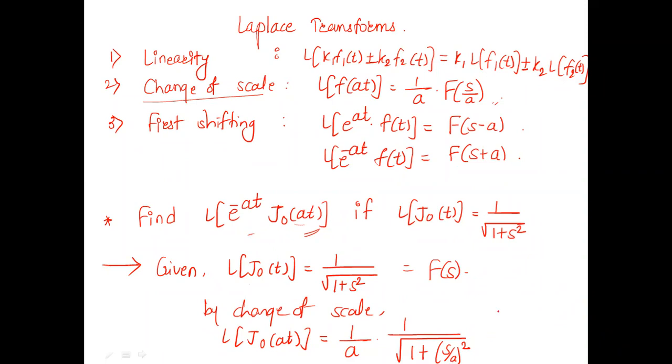So Laplace of j naught of at is 1 upon a into 1 upon root 1 plus s by a bracket square. We'll simplify this.